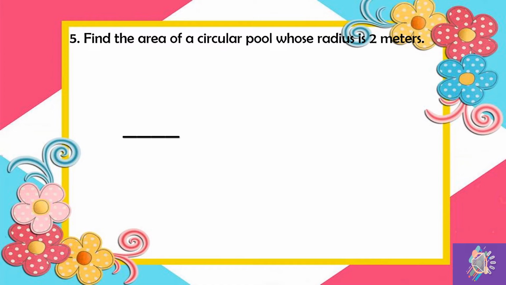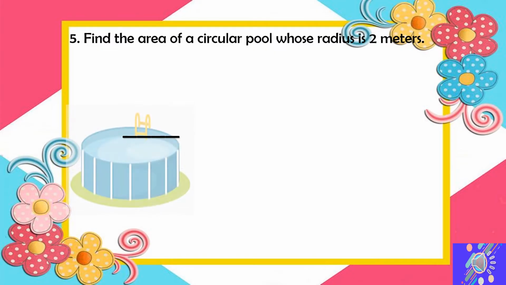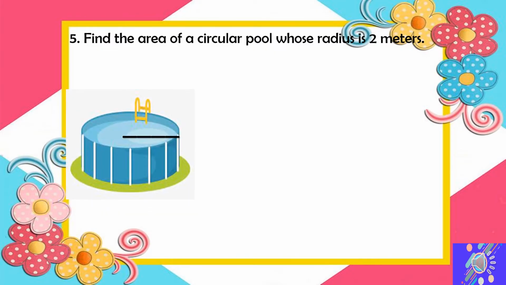Okay, so let's move on to number 5. Find the area of a circular pool whose radius is 2 meters. Okay, so this is the circular pool, which has a radius of 2 meters. So again, we will be using this formula.